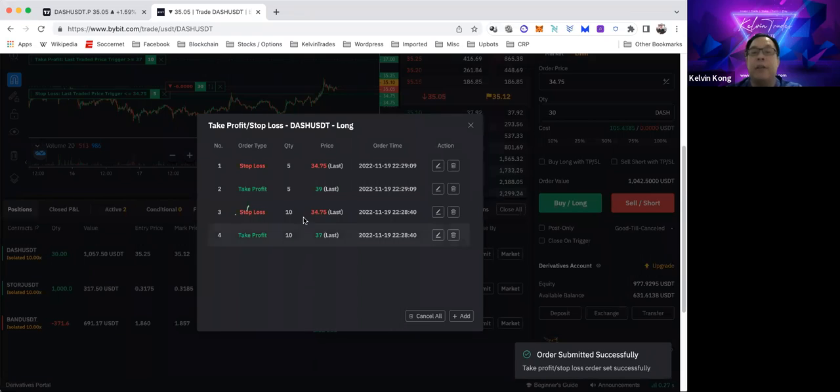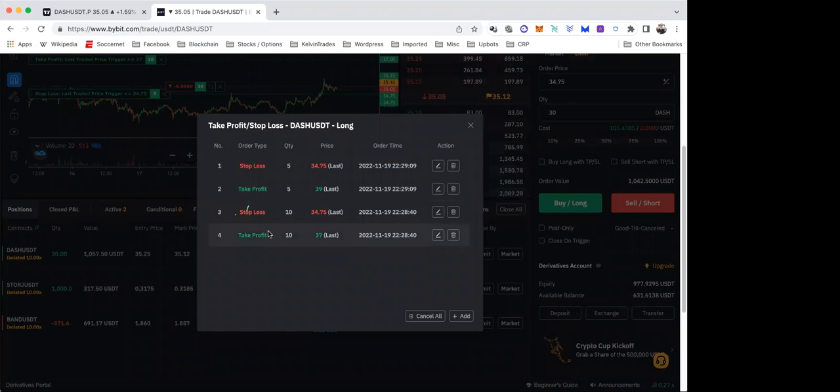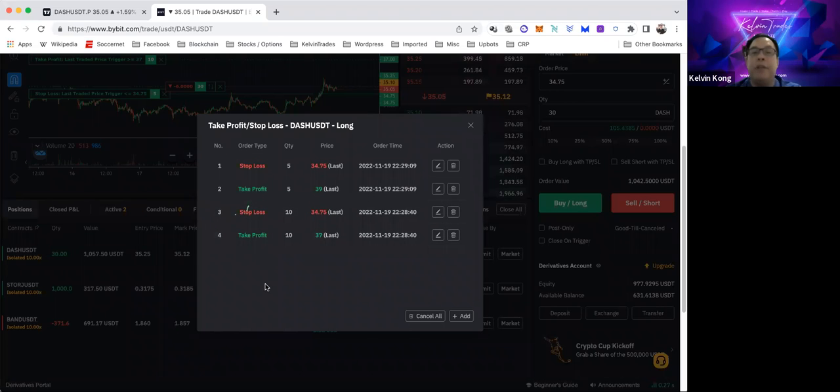That means this is like a second order. So the first order is filled, your quantity reduced by 10. That means your stop loss also reduced by 10. Then if the next order is filled, your quantity reduced by 5, your stop loss quantity also reduced by 5.